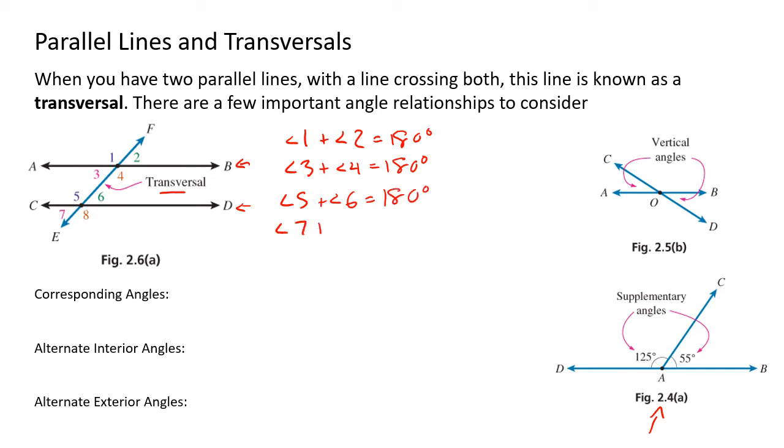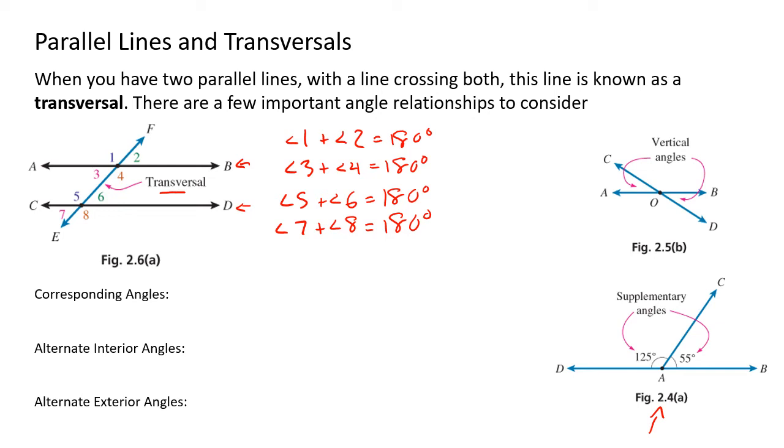And angle 7 plus angle 8 is equal to 180 degrees. And that's simply because it's the transversal line, EF, split the angles here, here, here, and here. Okay? So in all 4 locations.